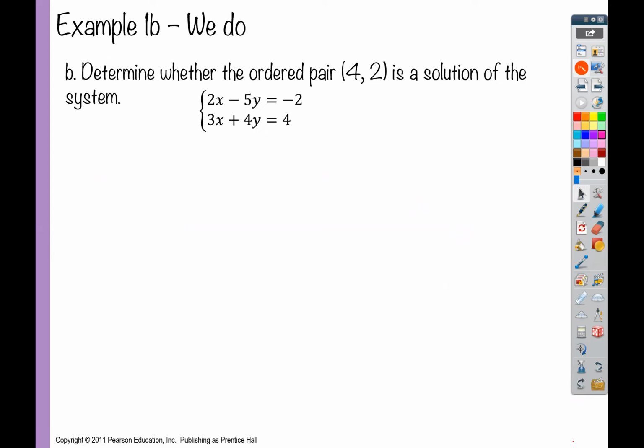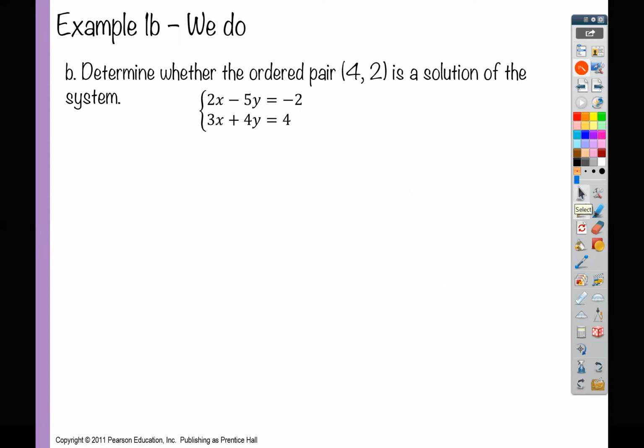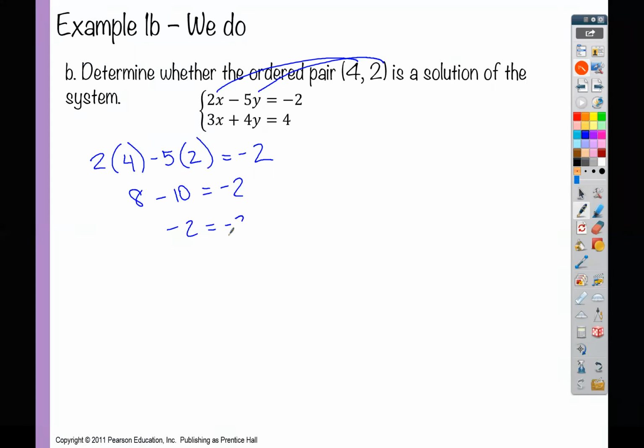All right, number 1b says determine whether the ordered pair (4, 2) is a solution of the system. We're going to do the same thing. We're going to plug the 4 in for the x and the 2 in for the y. So I'm going to say 2 times 4 minus 5 times 2 equals -2 and see if that is true. And we see that it is.